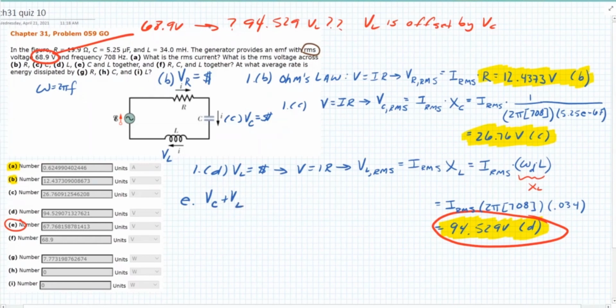My voltage drop across the capacitor is in part C. So for me, it's going to be that 26.76 number. It's going to bring it back from my calculator, plus the voltage drop across my inductor, which is 94. Oh, but wait a minute.